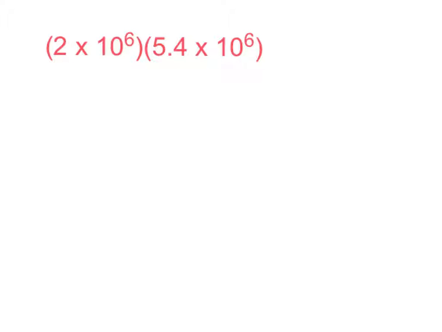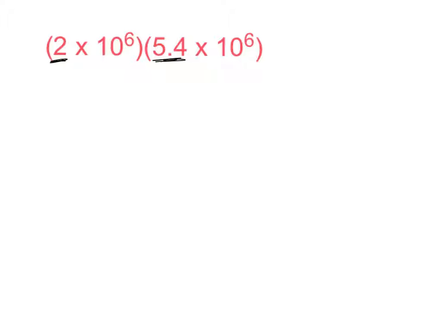However, if we apply what we know about the properties of exponents and what we know about multiplication, this problem isn't a problem. So the first thing we're going to do is look at the first number in each of these numbers that's written in scientific notation, the 2 and the 5.4.